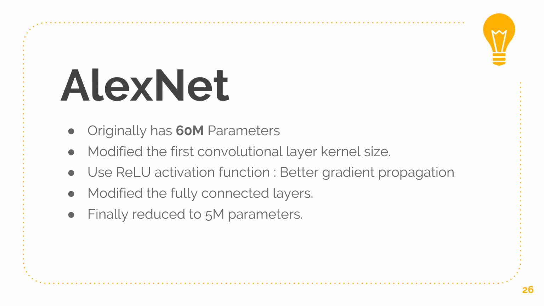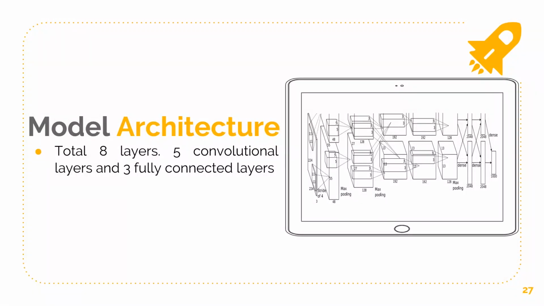And we also reduced the size of the fully connected layers in our model. Here is the model architecture of our simplified AlexNet. We use a total of 8 layers, 5 convolutional layers and 3 fully connected layers.